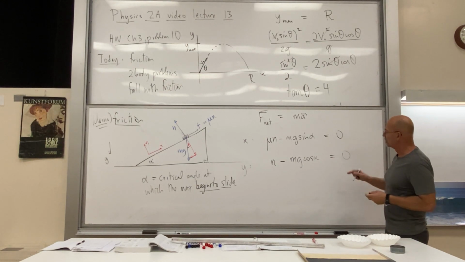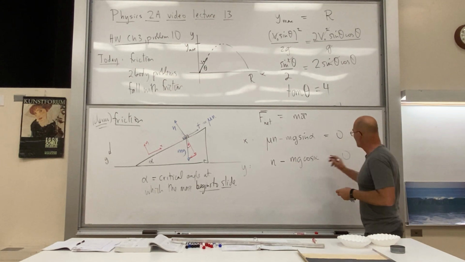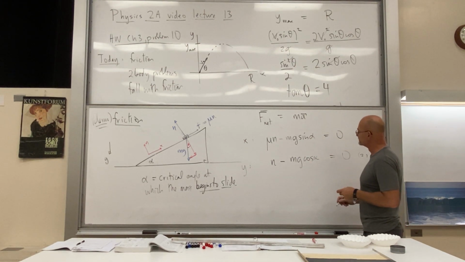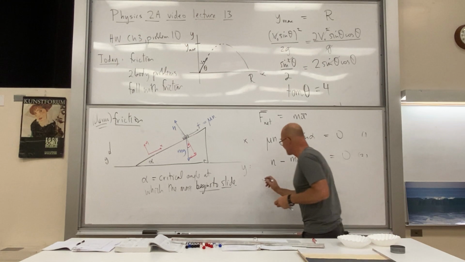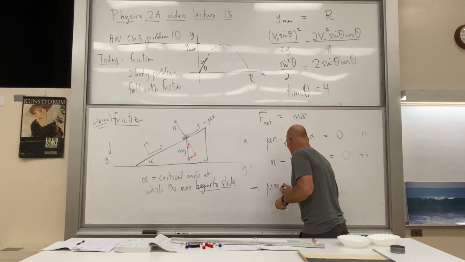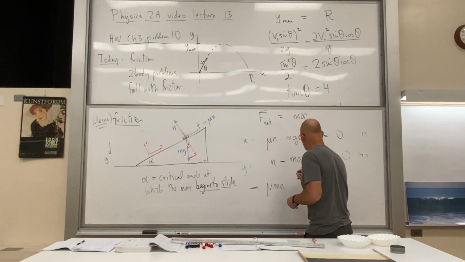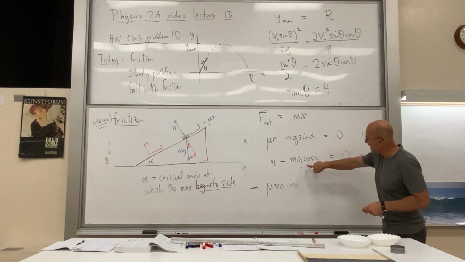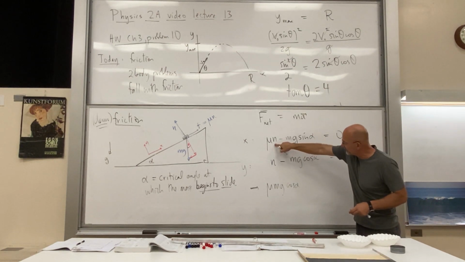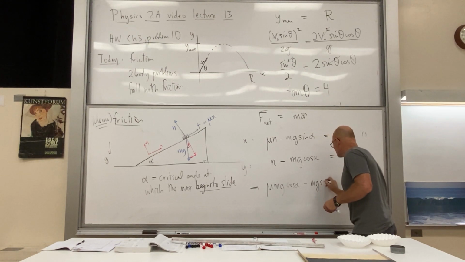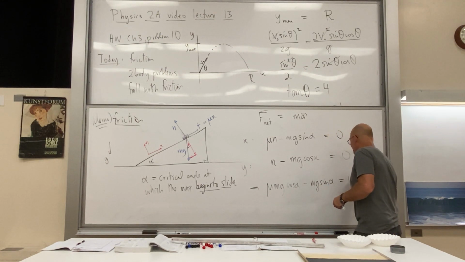And what we're going to do is take n from equation 2 and plug it into equation 1. So that gives us, for our analysis, mu mg cos alpha. Okay, I'm taking this, solving it, bringing it into there, minus mg sine alpha is equal to 0.